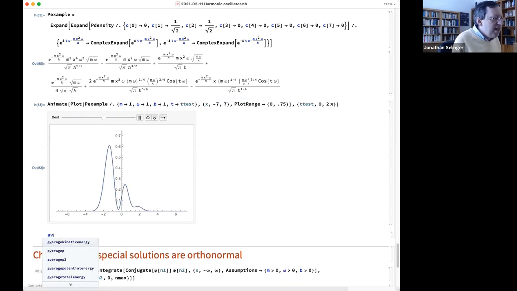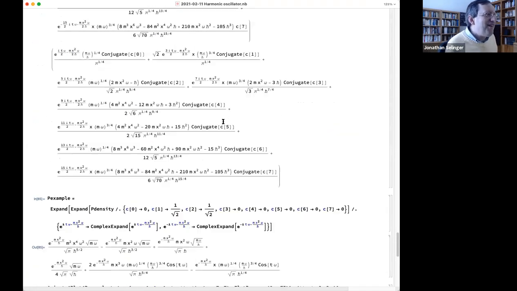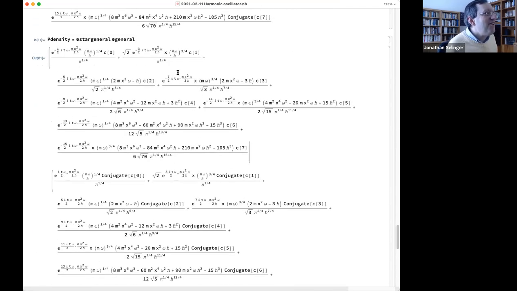The average x in this state would have to be an integral of psi general star, this thing, psi star general.